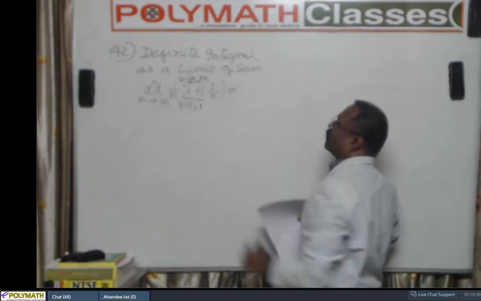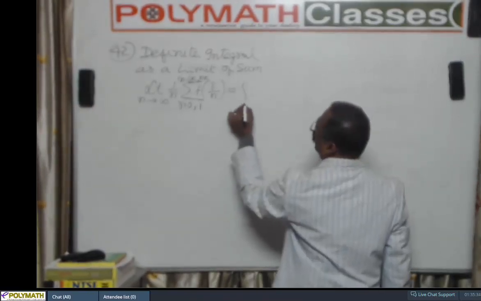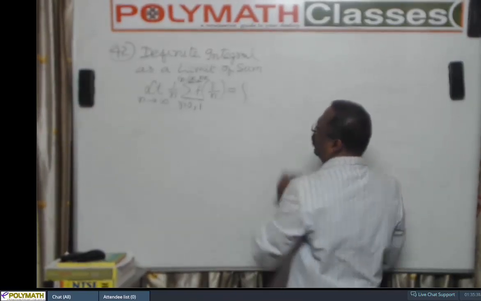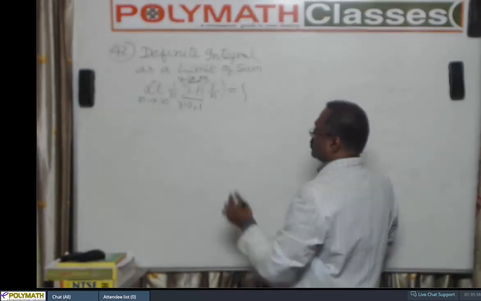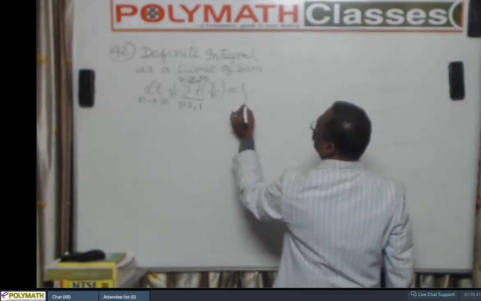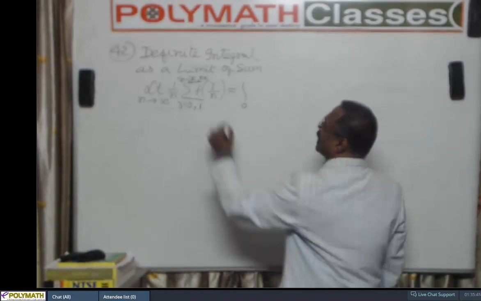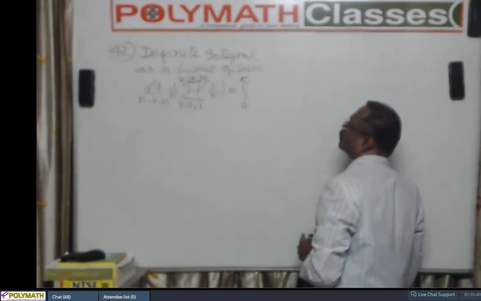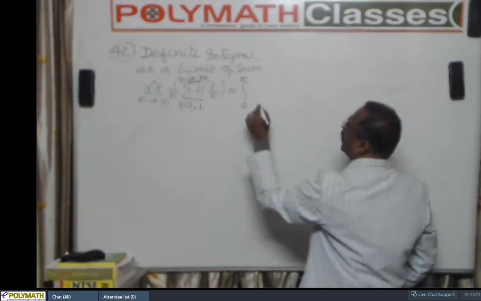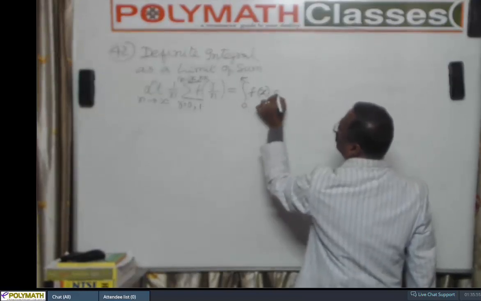It is nothing but the integral 0 to k in both the cases. In place of r by n, you will get x in f of x.